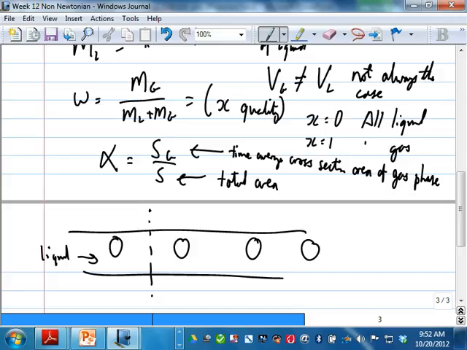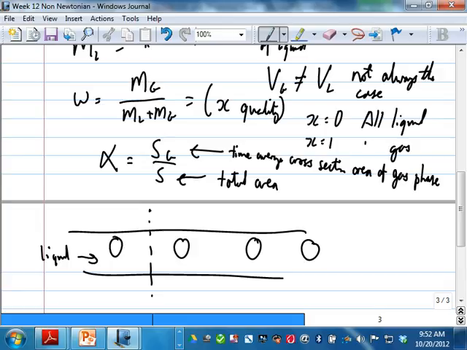Because if you take one measurement at this instant in time, you think of SG as 0, because you look through all liquid only. At some later time, when this bubble moves here, you get a non-zero value when you slice it. So this SG that we use is the time average cross-section area of the gas phase.